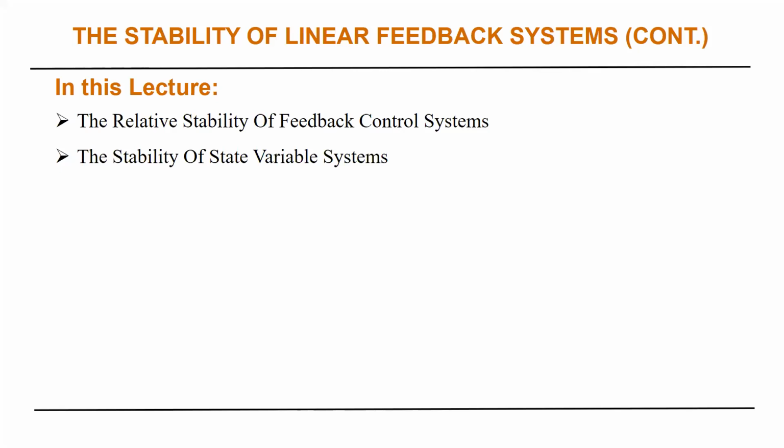What we want to do, we would like to talk about another concept called relative stability. We are going to discuss it in terms of the Routh-Hurwitz, and later on when we go to Bode plot and Nyquist.